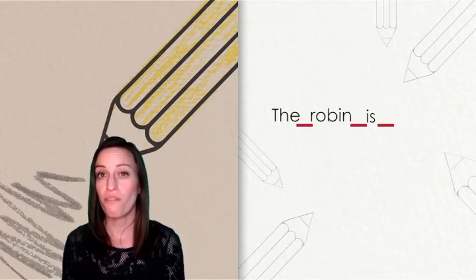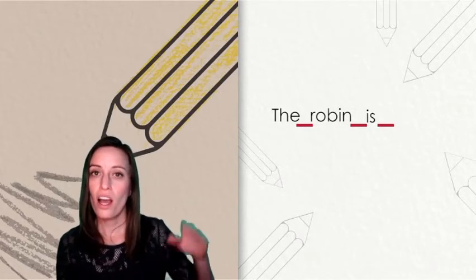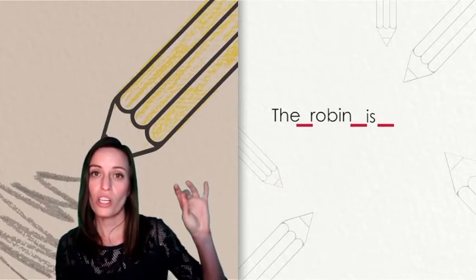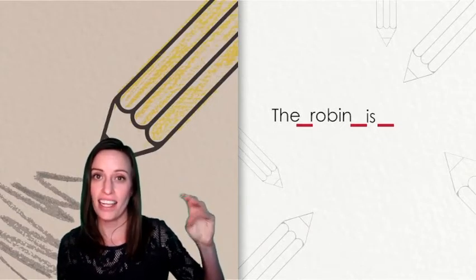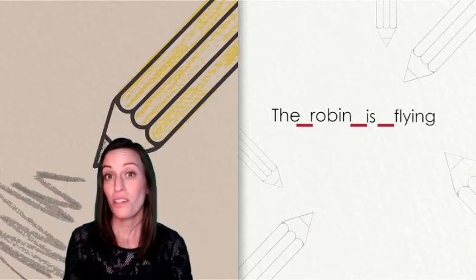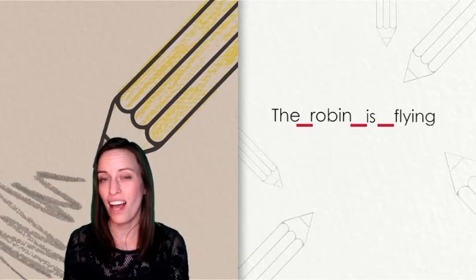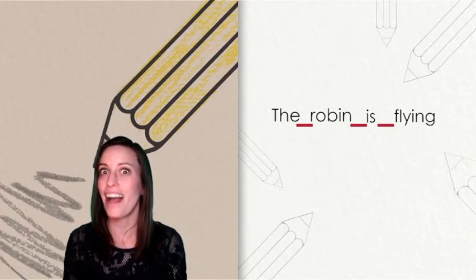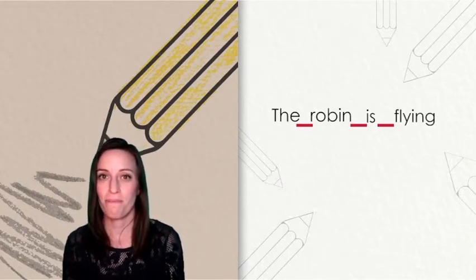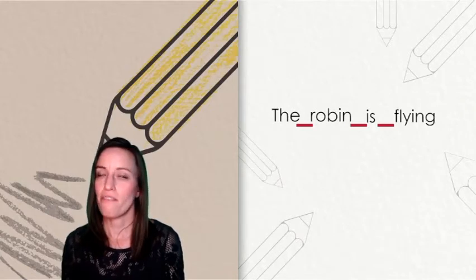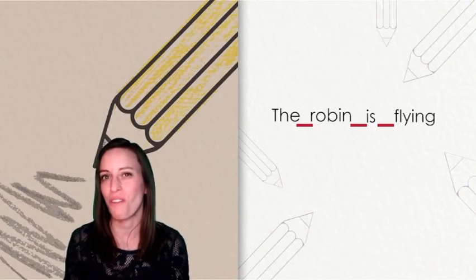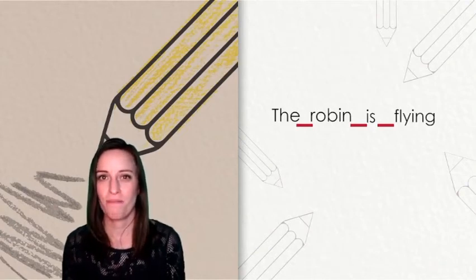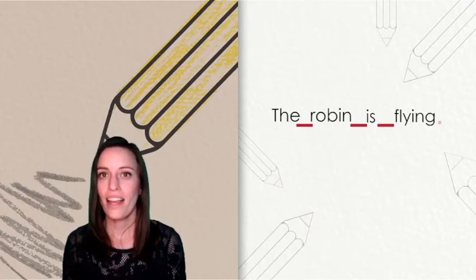Tap out the word flying with me. F-L-I-ing, flying. You'll notice that the word flying has the unit ing at the end. And then finally, what do we need to put at the end of our sentence to show the reader we're finished? A period. It rests right on the line.